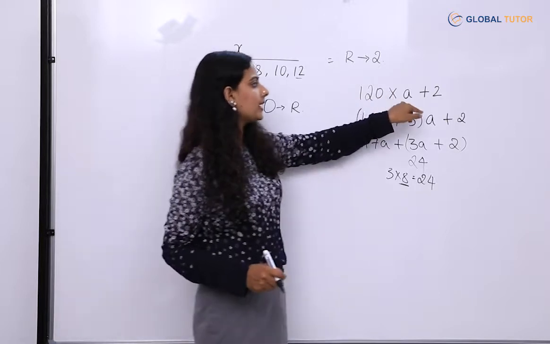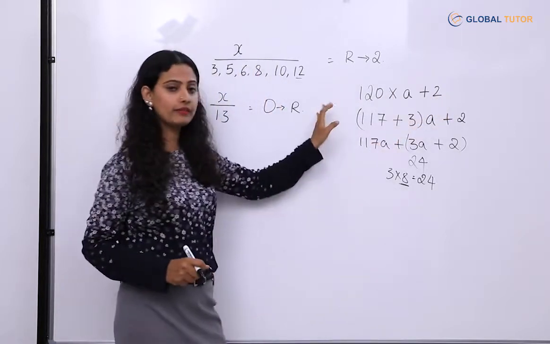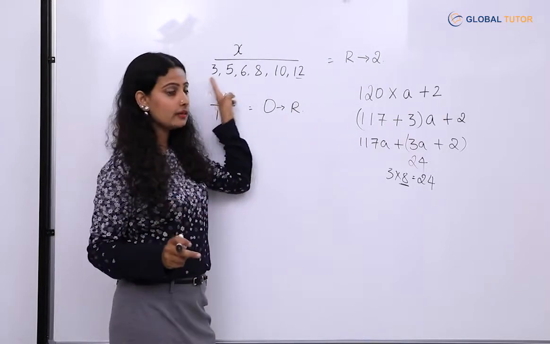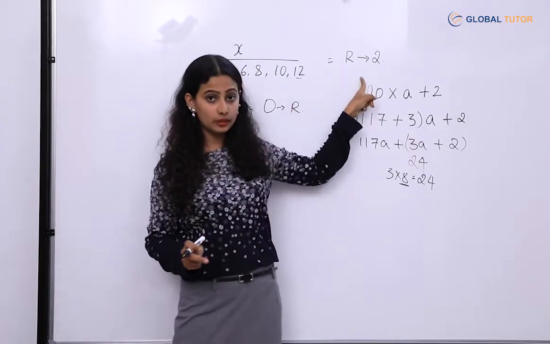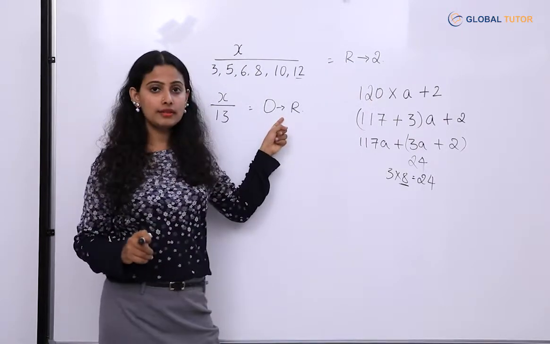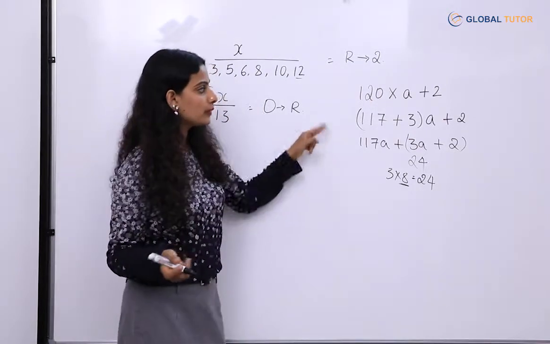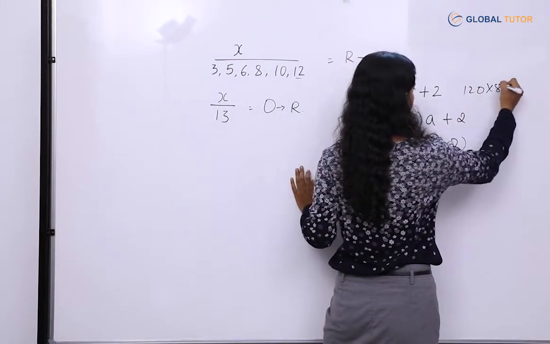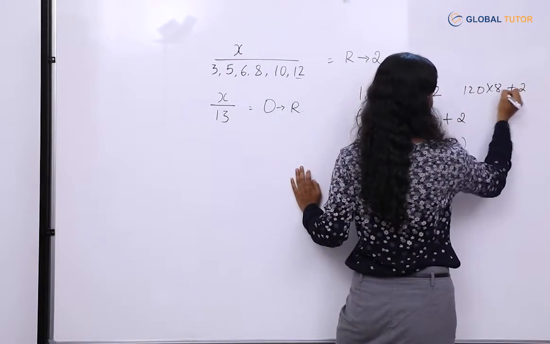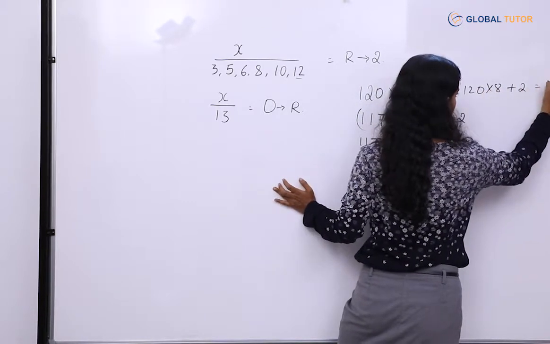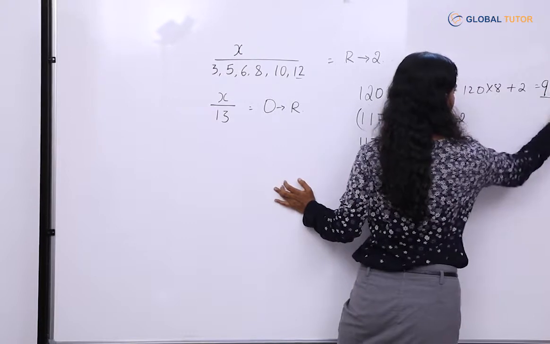So 120 into 8 plus 2, when divided by all these numbers, we will get the remainder 2, and when we divide it by 13, we get remainder 0. So what will be that number? It will be 120 into 8 plus 2. 8 12s are 96. So this is 960 plus 2, 962.